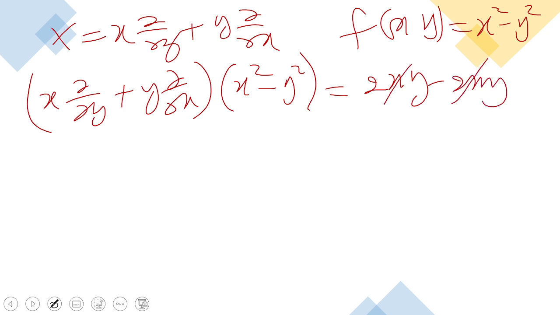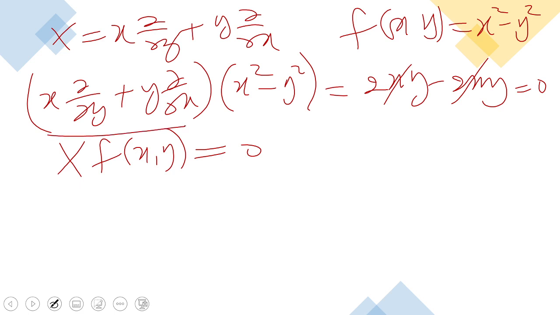It will cancel, so you will get 0. So that means the given function satisfies this equation. That means this is a symmetry generator for this function.